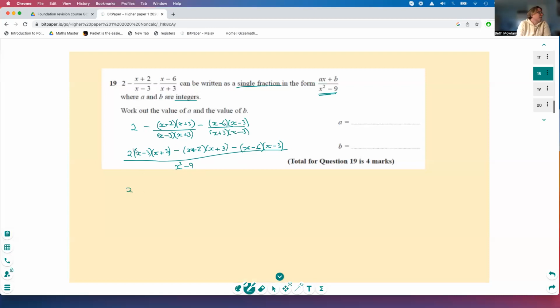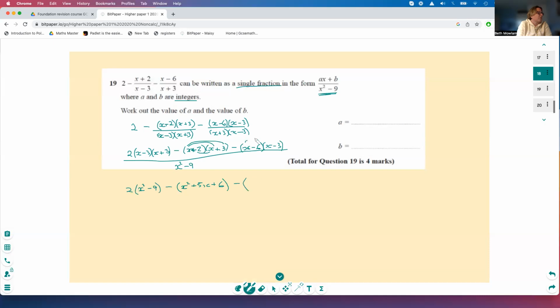So I'm going to do it in steps. x minus 3, x plus 3, I already know expands out to x squared minus 9, and I've got 2 lots of those, so I'll keep that as 2 lots. This one, I'm going to keep in a bracket and I'll sort out the minus bit afterwards. So I've got x times x is x squared, plus 3x, plus 2x, plus 5x, plus 6.